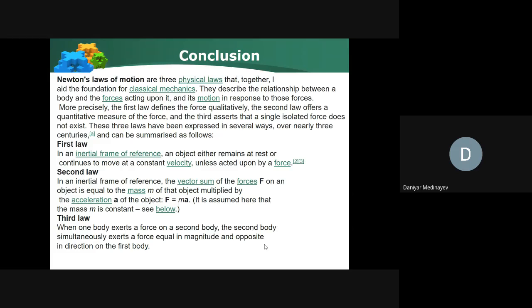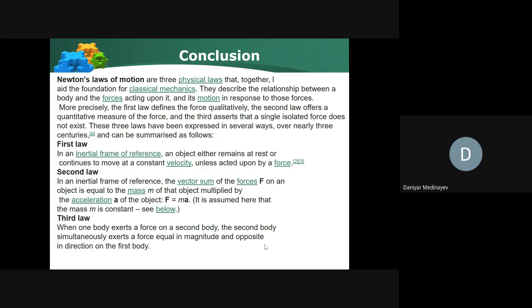More precisely, the first law defines the force qualitatively. The second law offers a quantitative measure of the force. And the third asserts that a single isolated force does not exist.